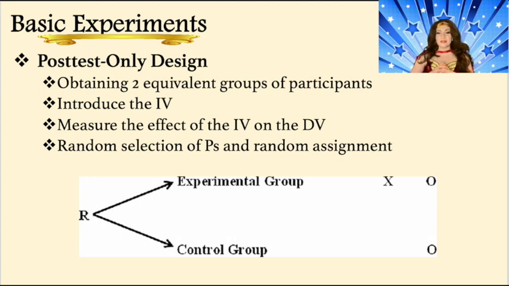Then what you would do is measure the effect that the independent variable had on the dependent variable. And remember, the dependent variable is typically the thing that we are measuring. So again, the post-test only design is based on a random selection of participants as well as random assignment. So not only do you randomly collect the participants, you also randomly assign them to conditions.